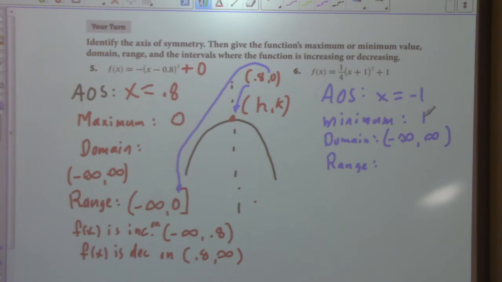What is our minimum value? 1. So is that where our range starts? Yeah, it does. And we're going like this, right?